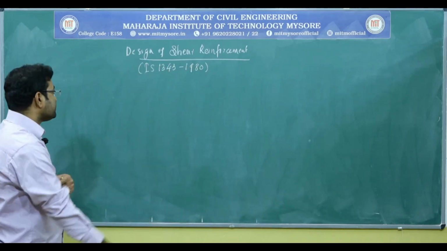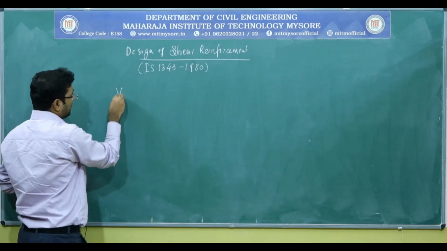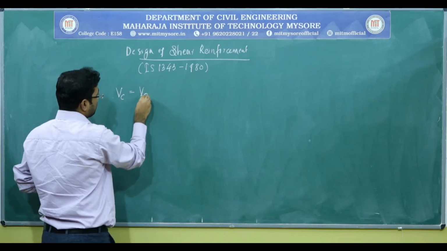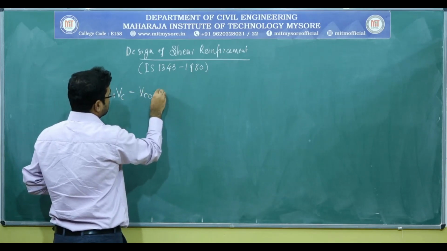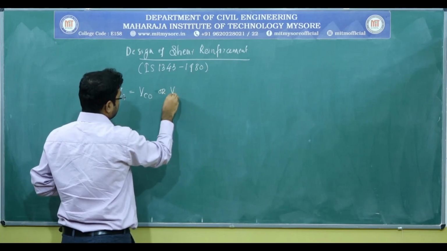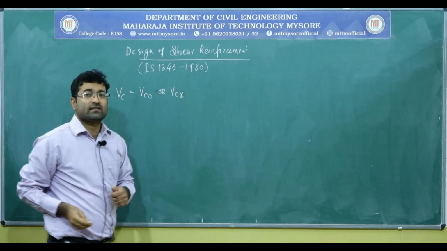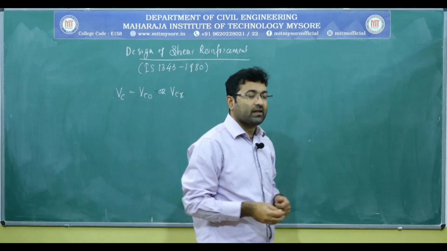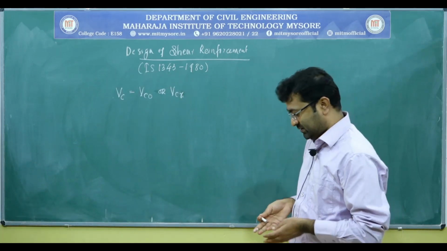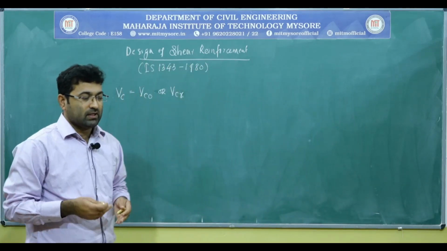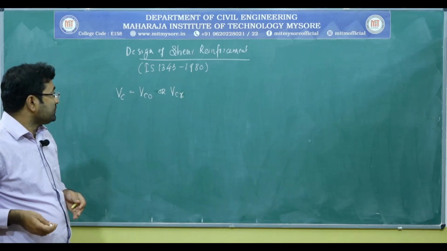We know how to calculate Vc, or you can say Vco, or Vcr, that is the ultimate shear resistance capacity of the concrete at the support sections and also at the mid-span.